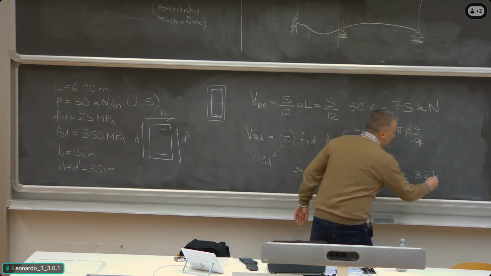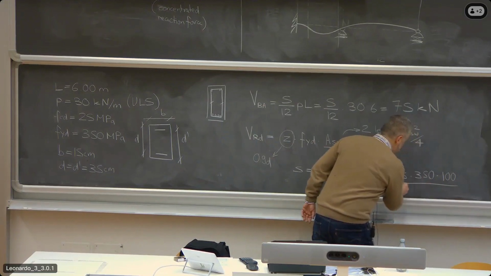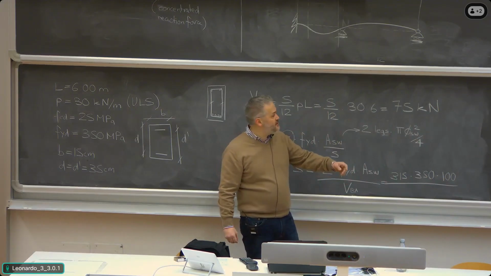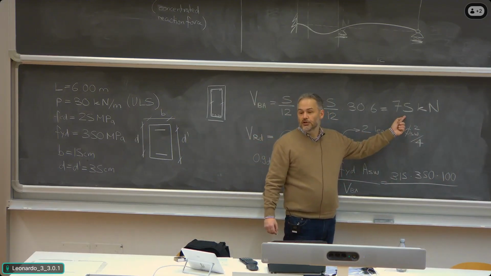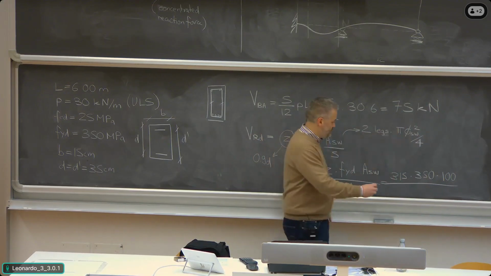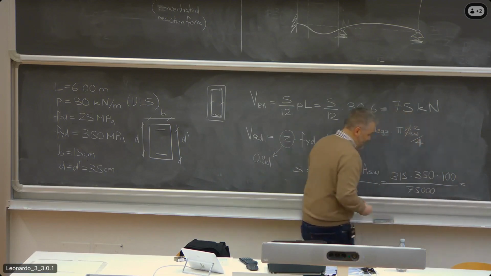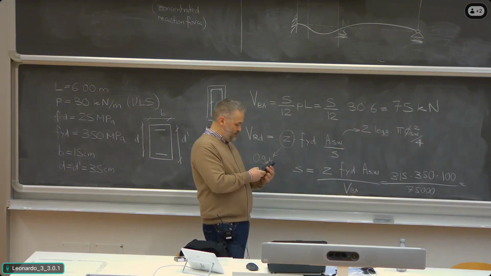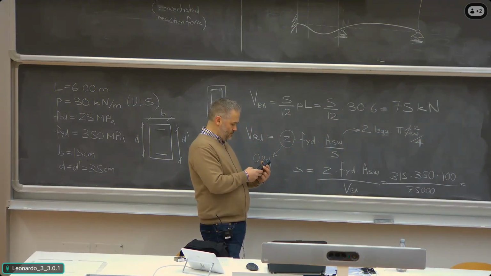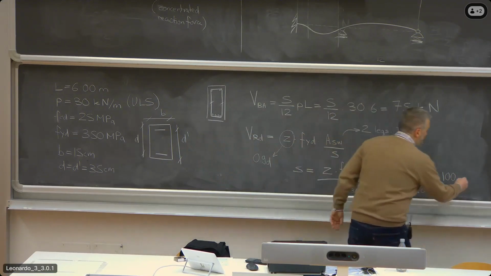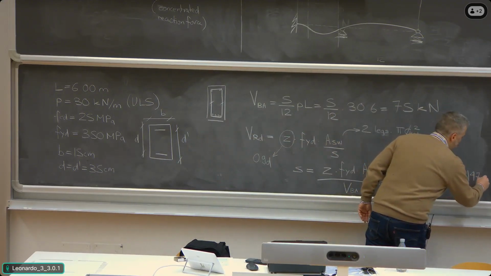This is basically 100 square millimeters, divided by, careful with the unit of measure, we are working in Newton and millimeters, so this 75 should become 75,000 because it's newtons, not kilonewtons. The result of this calculation, I will do it for you. The result is 147 millimeters.